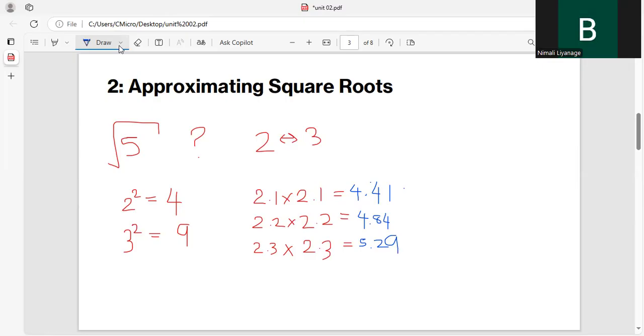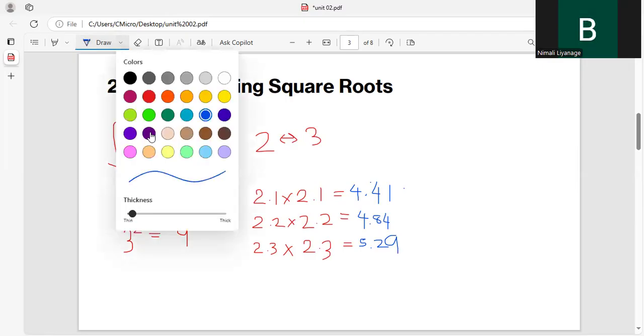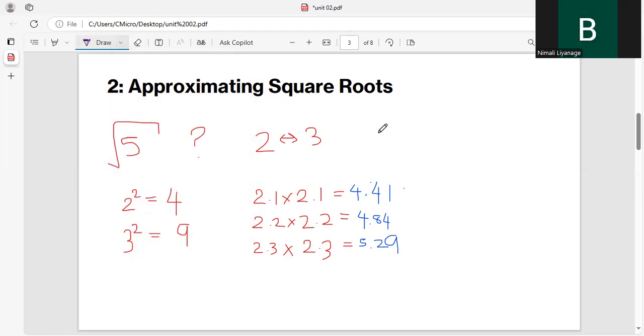So now let's see which is closer to 5. Obviously not 2.1.